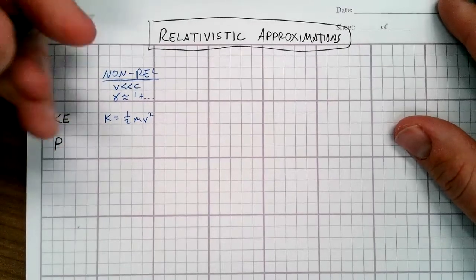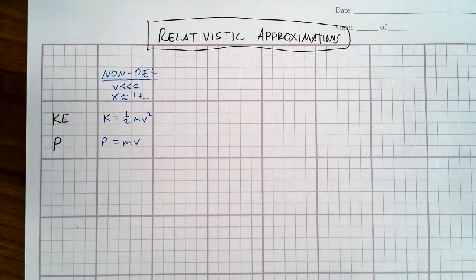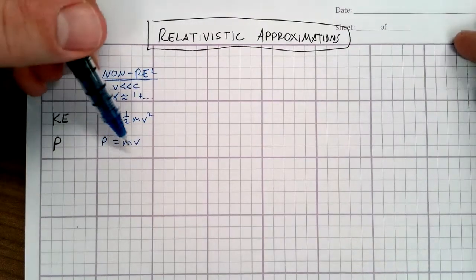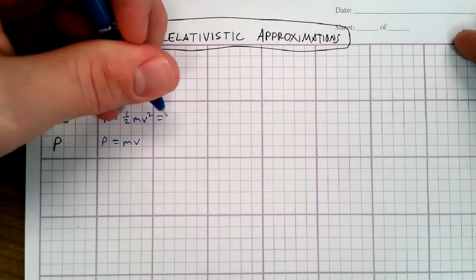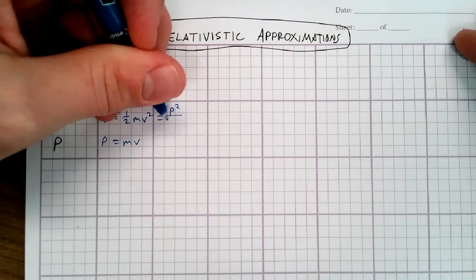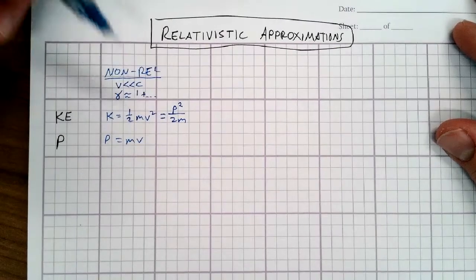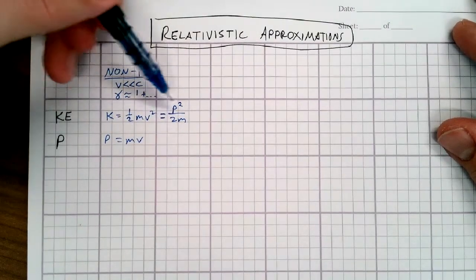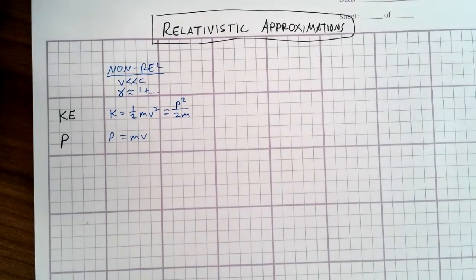P is equal to mv. Just by inspection, if I take that p as mv and I want to write kinetic energy in terms of momentum, it's p squared over 2m, and it's pretty obvious that that's equal to 1/2 mv squared. This form tends to be really useful when you're doing modern physics.